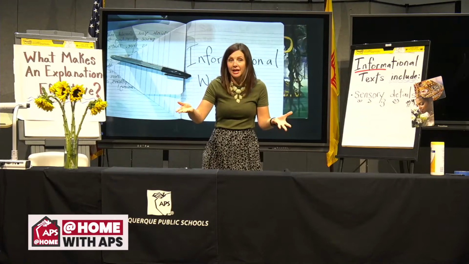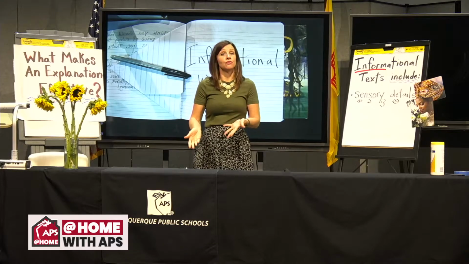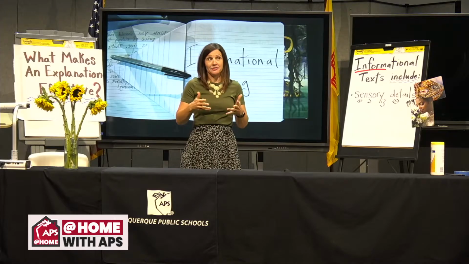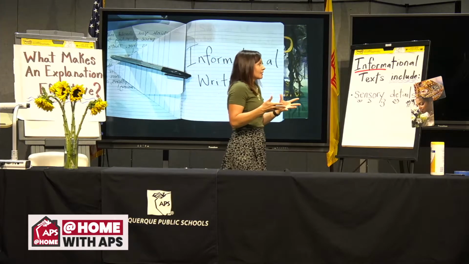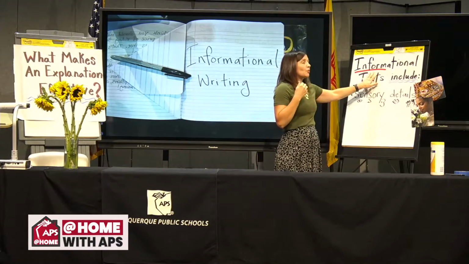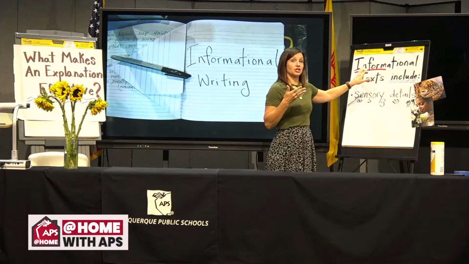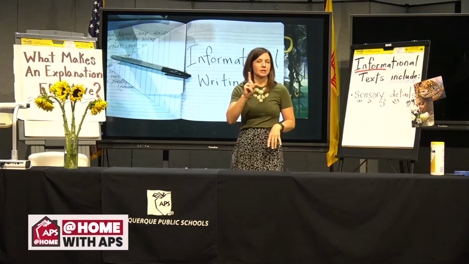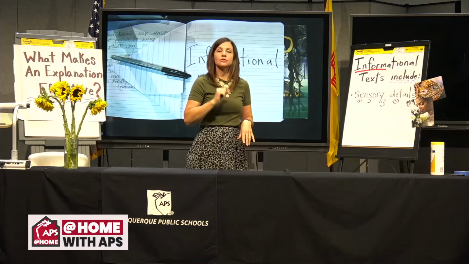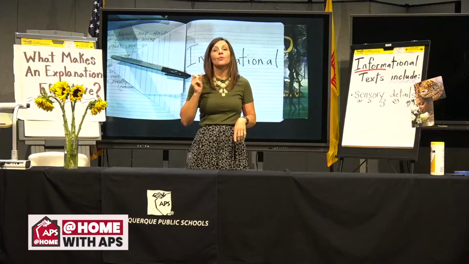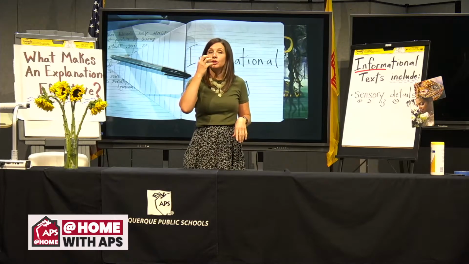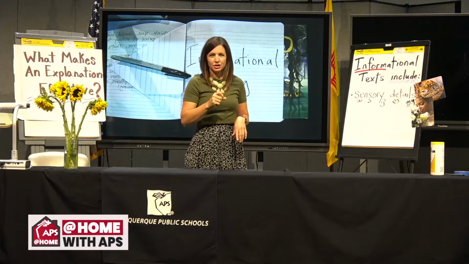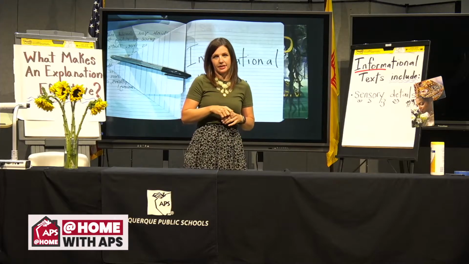When you explain, you are trying to inform. It's kind of a fancy way of saying it. But we think that informational texts should include sensory details. So when you're reading something, when you're writing something, when you are explaining out loud, we want to make sure that we're using sensory details.